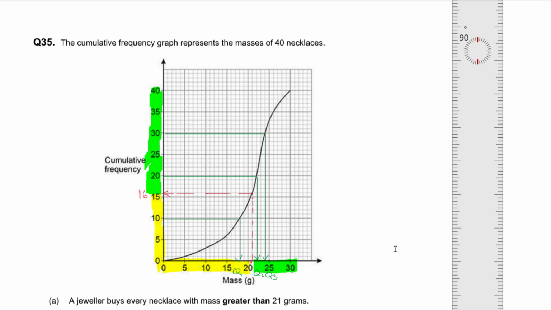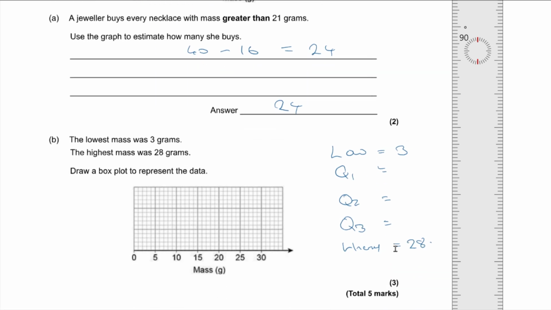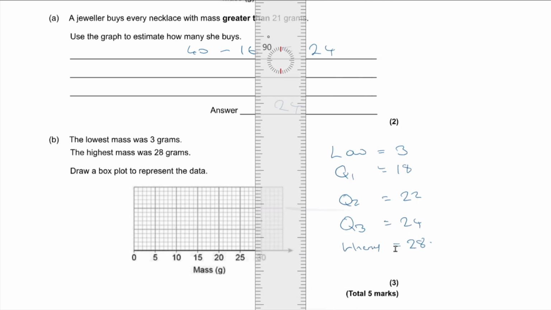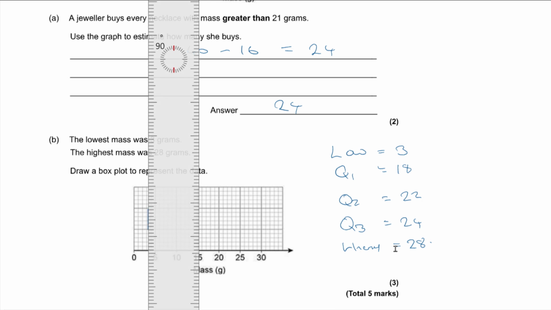So 18, 22, and 24. So I've got Q1 at 18, Q2 at 22, and Q3 at 24. Okay, so then once I've got all my values, I can then draw the box plot. Okay, so I'm going to draw a line at 3.